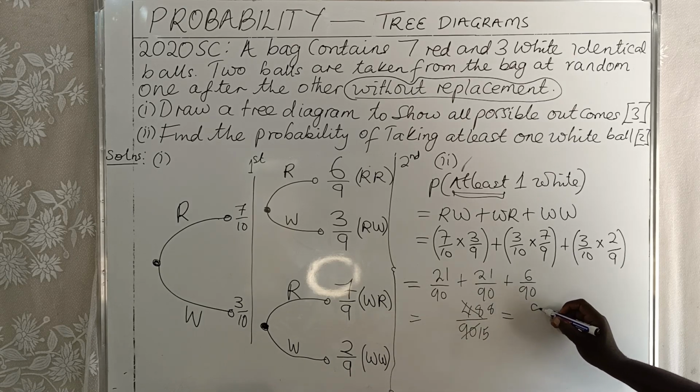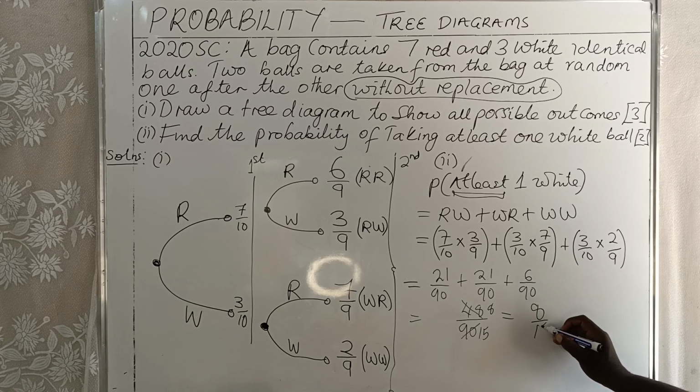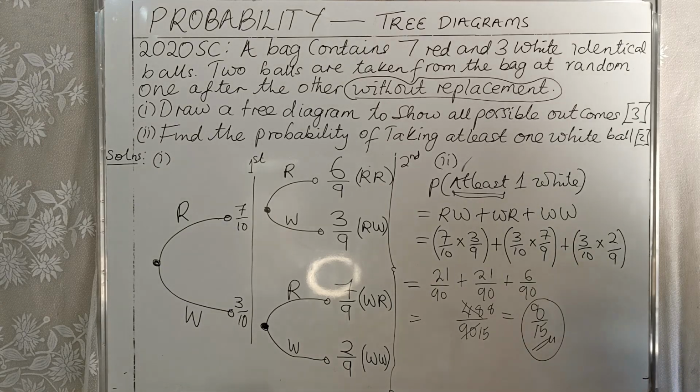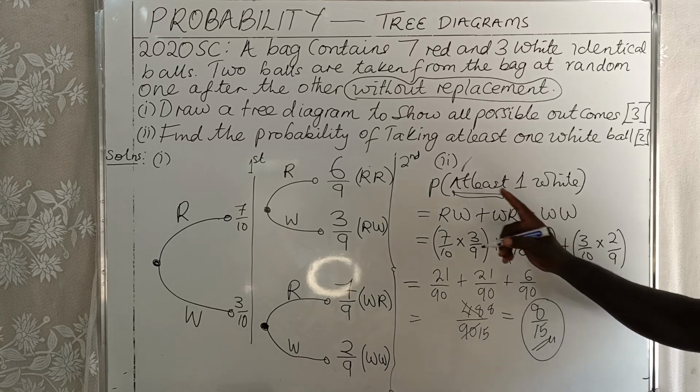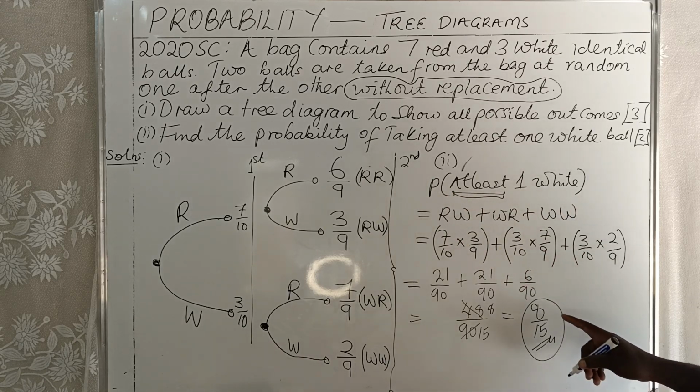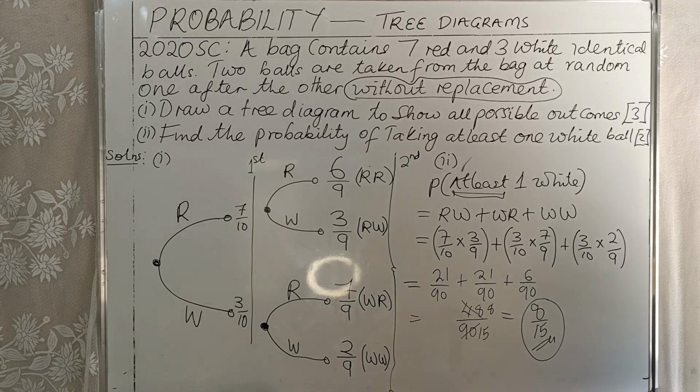So actually what we are getting is 8 over 15. And when we reach here, there is no common factor, so we can just conclude to say, therefore, the probability of taking at least one white ball is 8 out of 15.